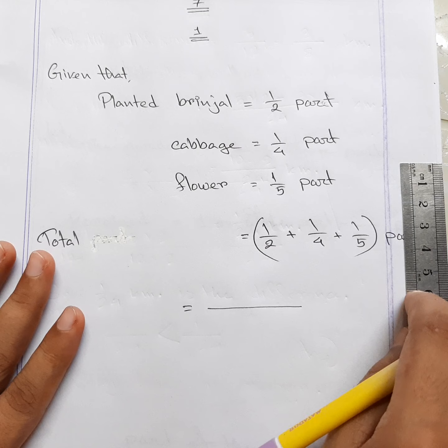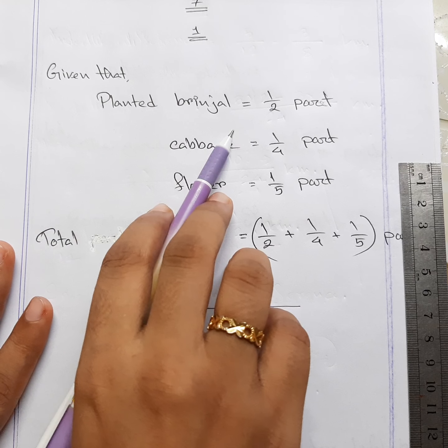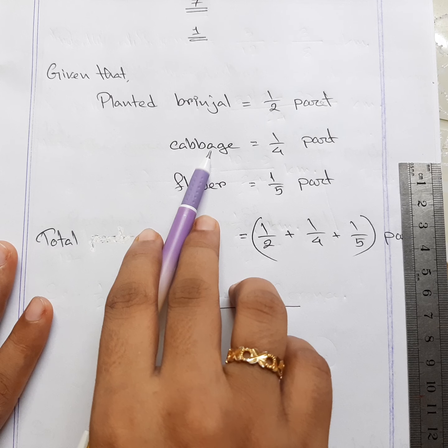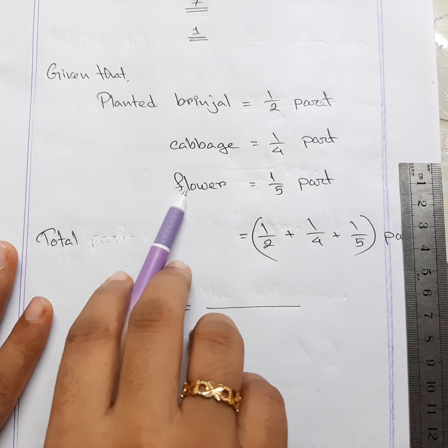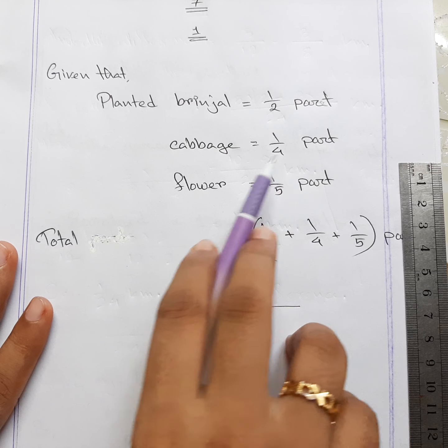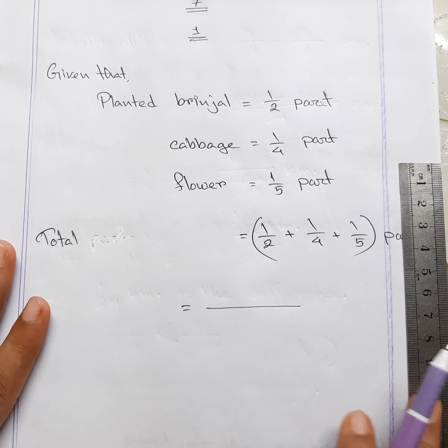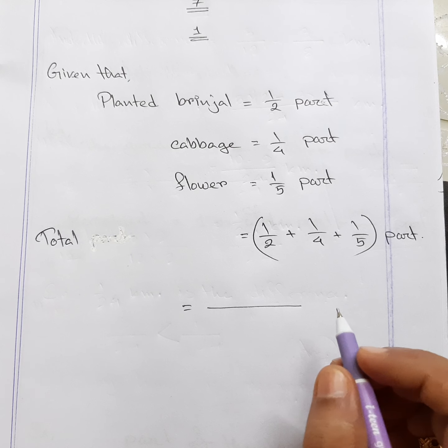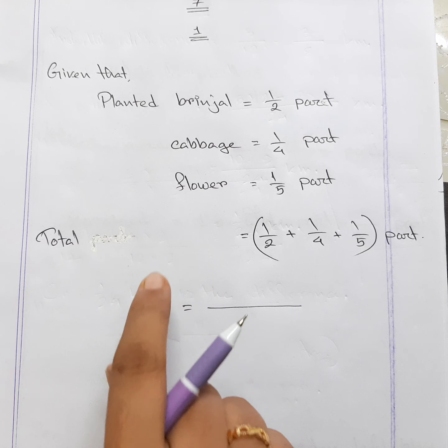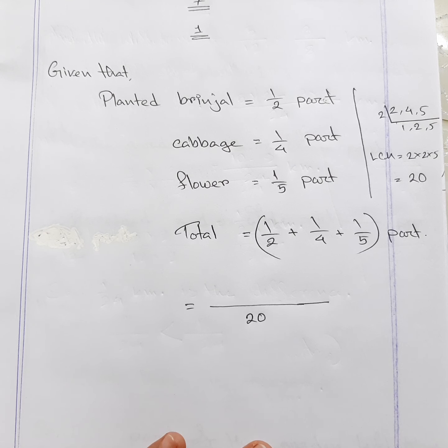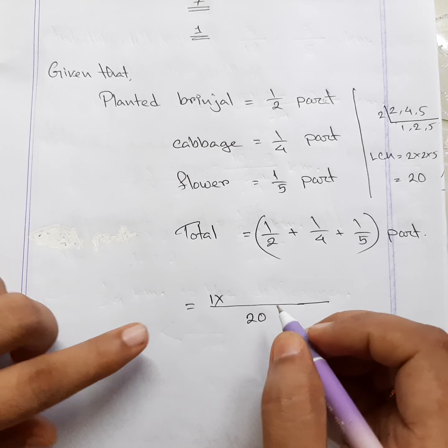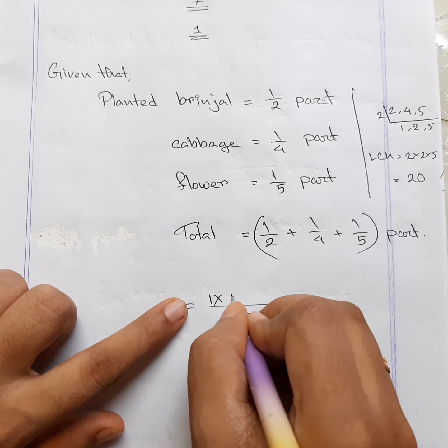The first thing I have written is the given information. Planted brinjal in 1/2 part, cabbage in 1/4 part, and flower in 1/5 part. This is the way we sometimes name fractions. Now I'm going to do the total part. I have done the LCM over here, so I'm just going to write it, because I have already explained it to you many times.